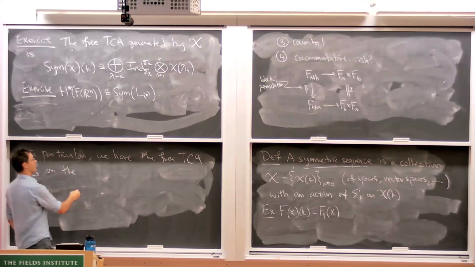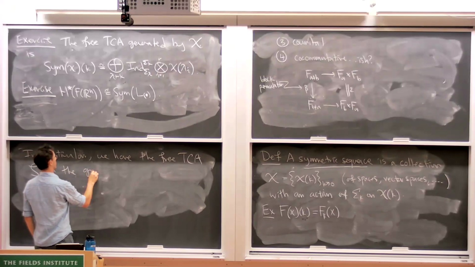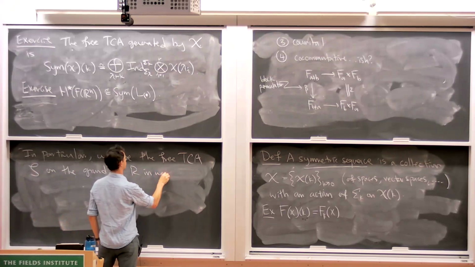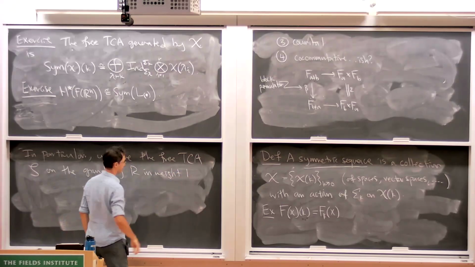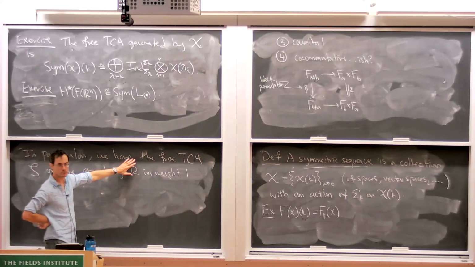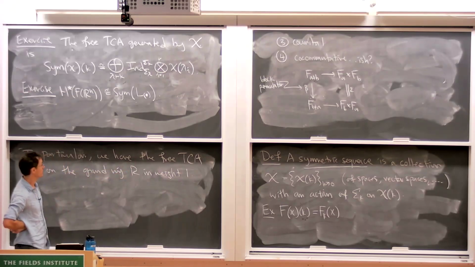Okay. So the ground ring R in weight 1. If you plug that description, the ground ring, with the trivial representation, the trivial action, there's only one action of sigma 1. So, okay.